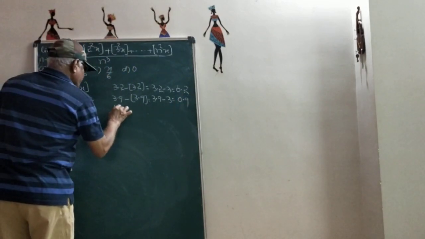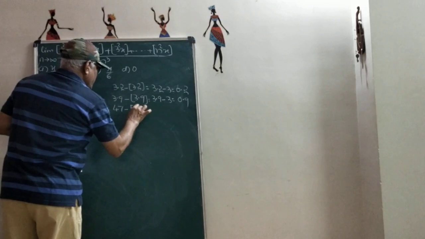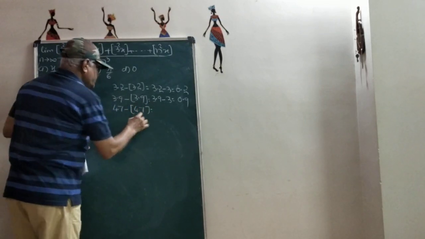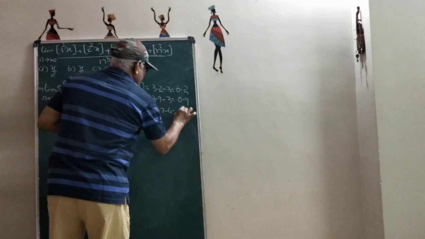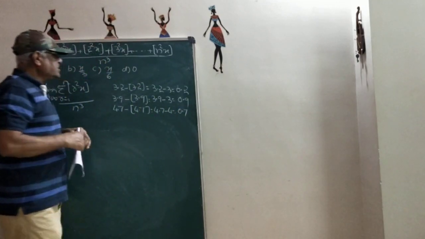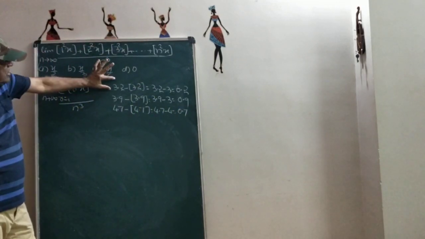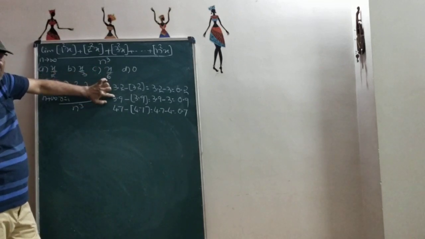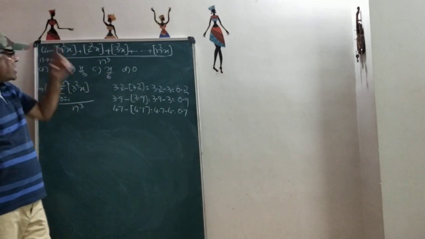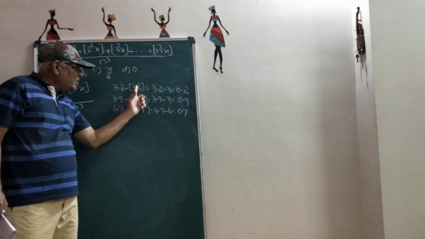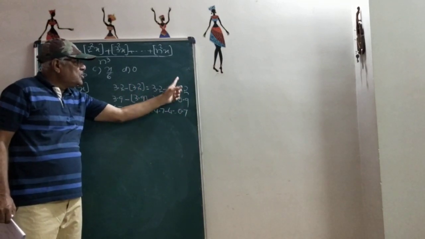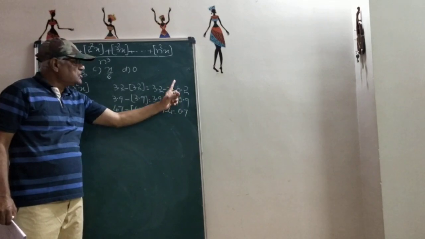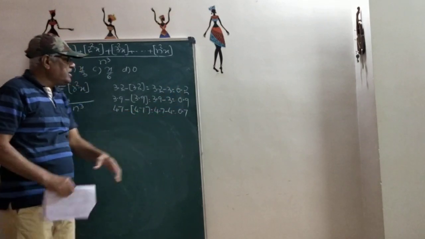Say 4.7 minus greatest integer 4.7 is equal to 4.7 minus 4 is equal to how much here? 0.7. Just observe this now. These are the values of x, 3.2, 3.9 and 4.7. And here the same one I have taken in terms of the greatest integer. And what is the outcome here? You are getting the fractional numbers 0.2, 0.9, 0.7 and 0.9.